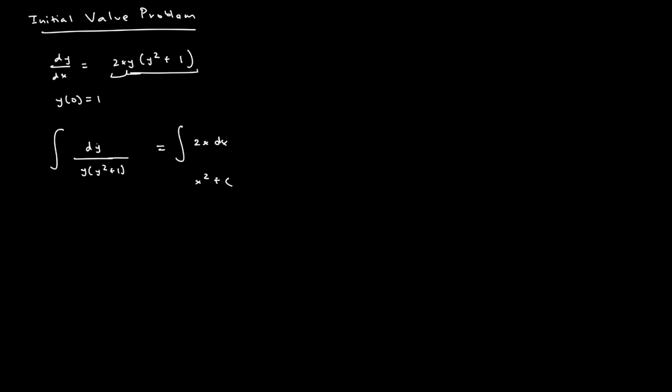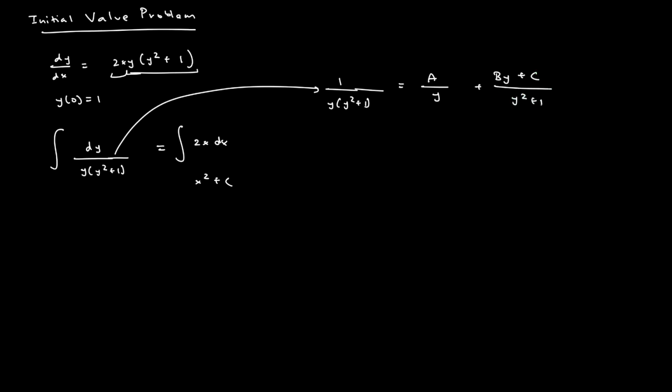And so the decomposition of 1 divided by y(y^2 + 1) is simply equal to a divided by y plus (by + c) divided by y^2 + 1. And this decomposition again follows from the rules of how to find the partial fraction decomposition. And if it's confusing and you want me to make a video on it, just let me know and I can cover partial fractions more in depth.